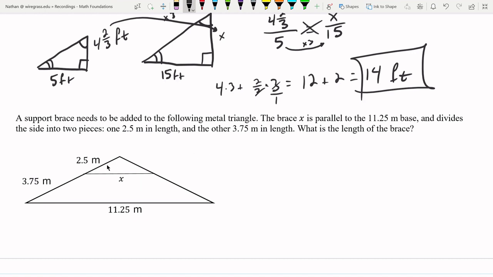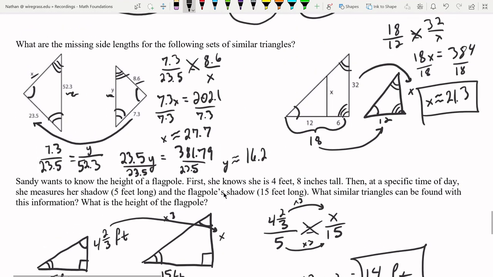Well, first off, we know this angle is similar to itself. And this smaller triangle here really is just this triangle here. This angle and this angle are the same, and then this angle here and this angle are the same. It's exactly the same kind of idea as the overlaid triangles here.